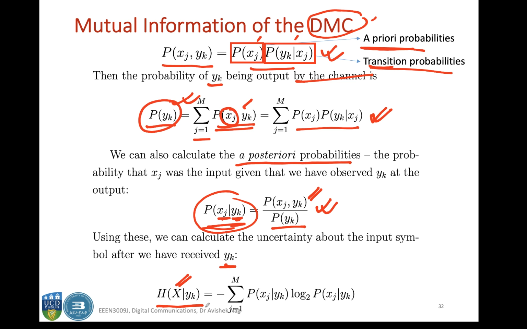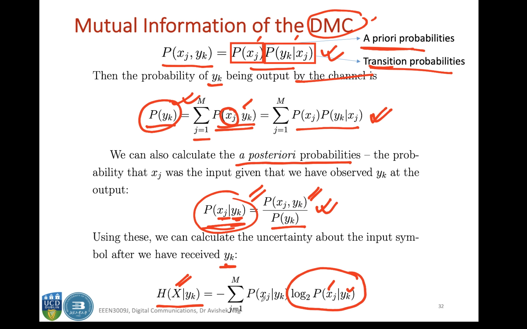This is basically the average over all these a posteriori probability distributions. You calculate the a posteriori probabilities, and then this part gives you the information, from the definition of information that you learned in the previous class. This is minus logarithm to the base 2 of these a posteriori probabilities. That gives you the information that you obtain about xj given you observe yk.